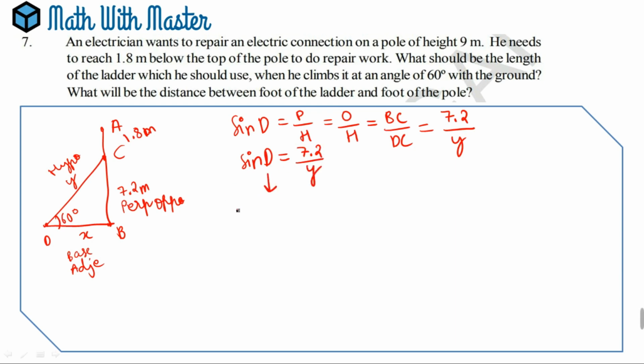So we know the value of D. So instead of sine D, we can write sine 60 degrees, because the angle D is 60 degrees, which is equals to 7.2 upon Y. So what is sine 60 degrees?